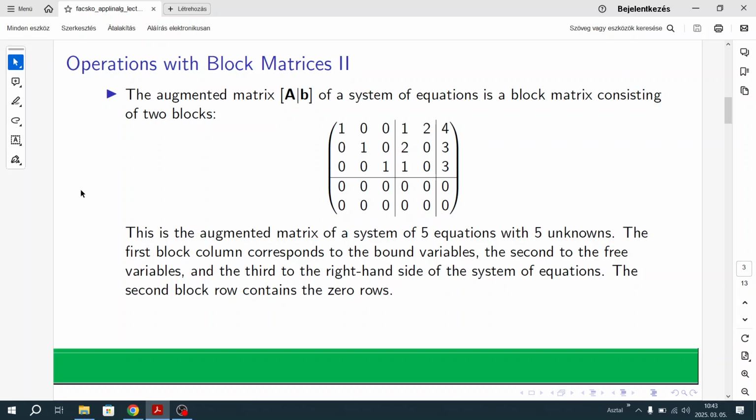So you have this matrix, and you have to do operations with this matrix. But this matrix is 5 times 6 in size, and it's difficult to do anything. So what you can do with these lines, you divide it into smaller matrices, blocks.